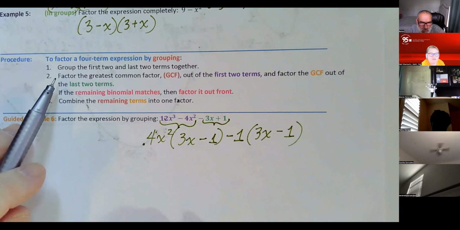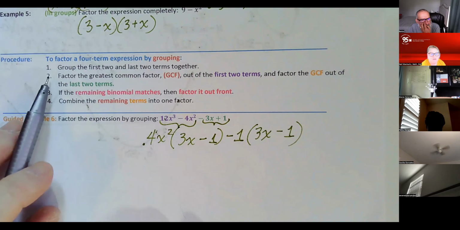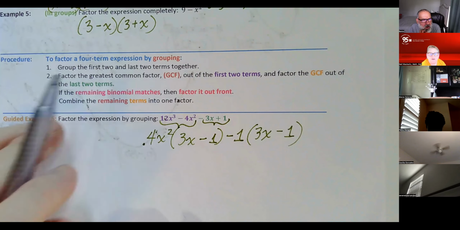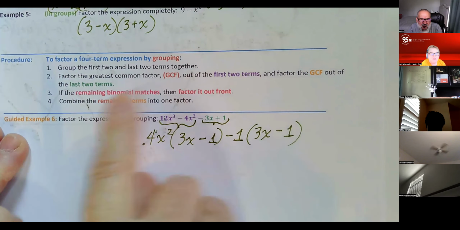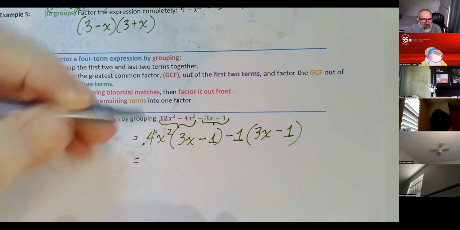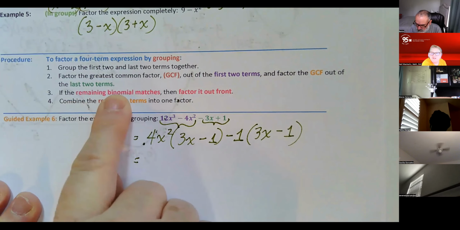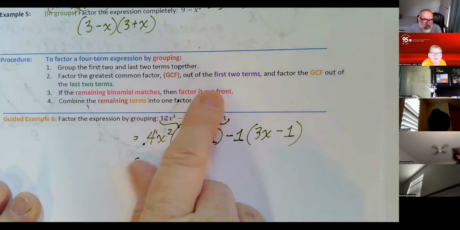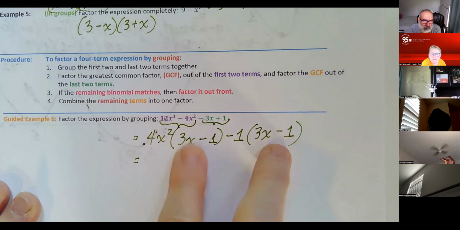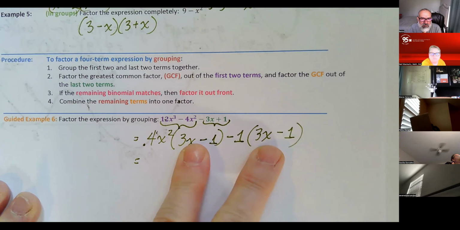That's step 2. So we've grouped the first two and the last two terms together. We factored out the greatest common factor from the first two terms and the last two terms. Now we want to see, is the remaining binomial, bi means 2, is the remaining binomial the same? Do these two terms match? Yes.